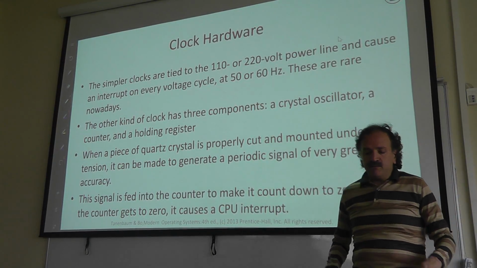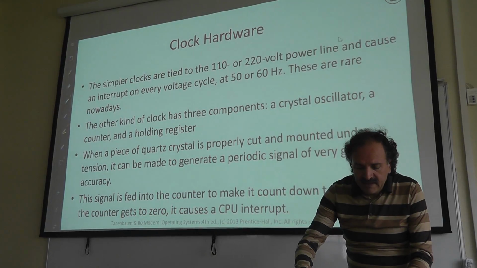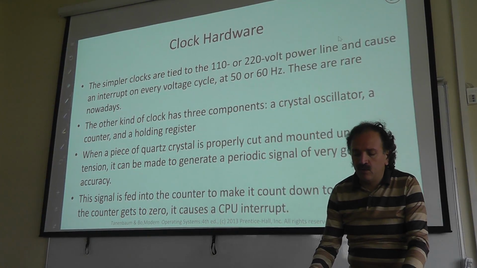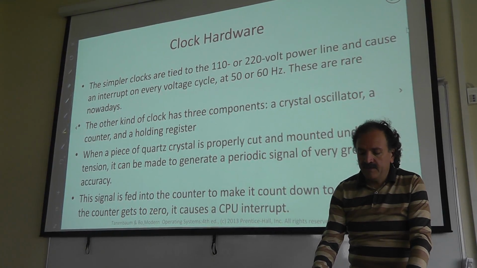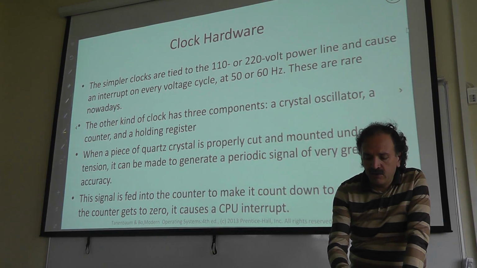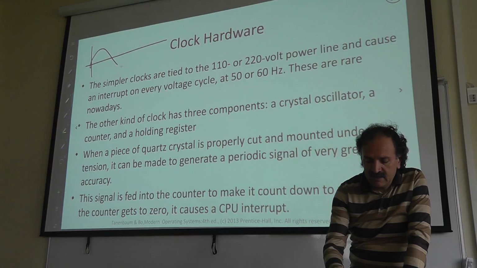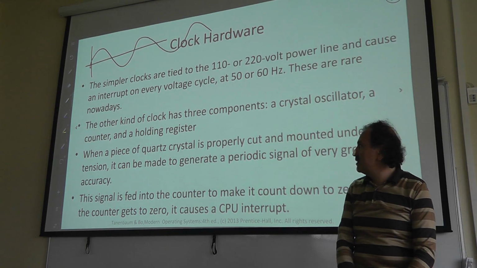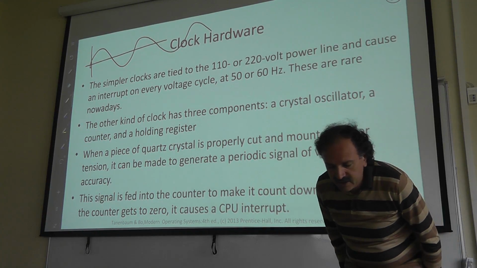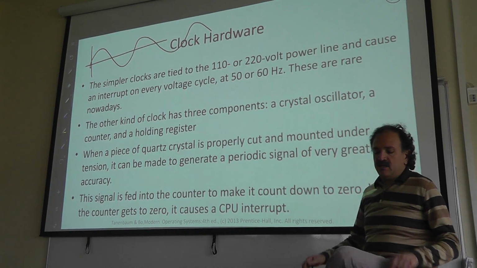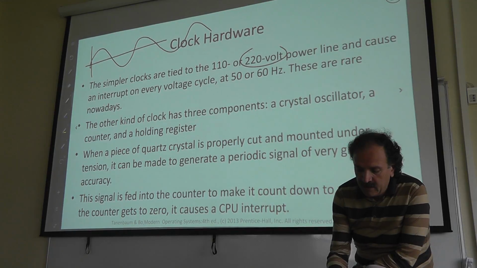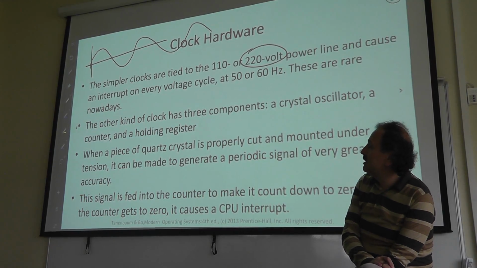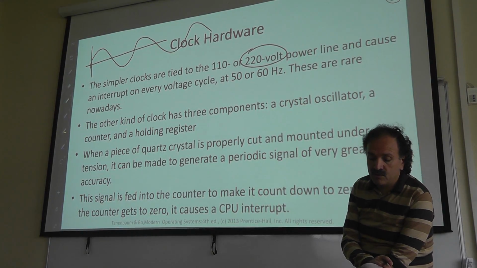So there are two types of clock hardware. The first one is a very old way of doing it. You know that the alternating current is doing this, right? This is the alternating current. Our regular power grid uses this 220 volt alternating current to deliver power to our homes and computers.